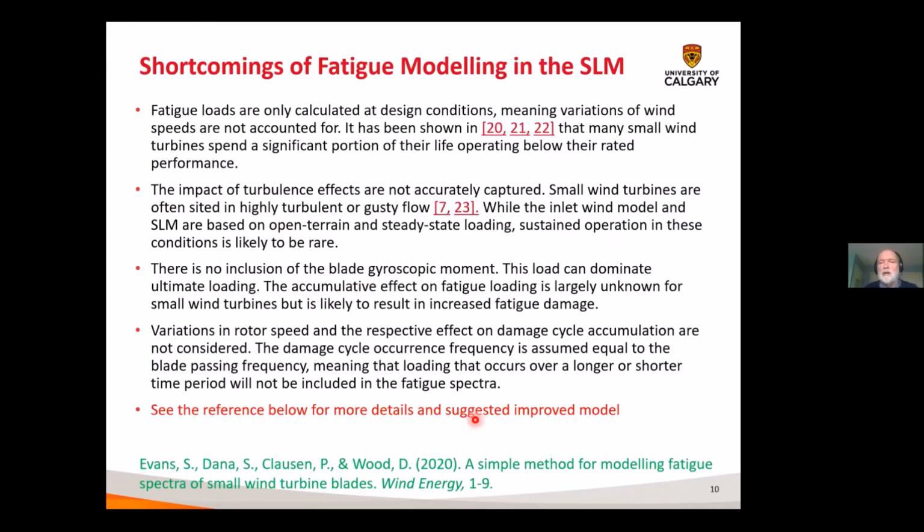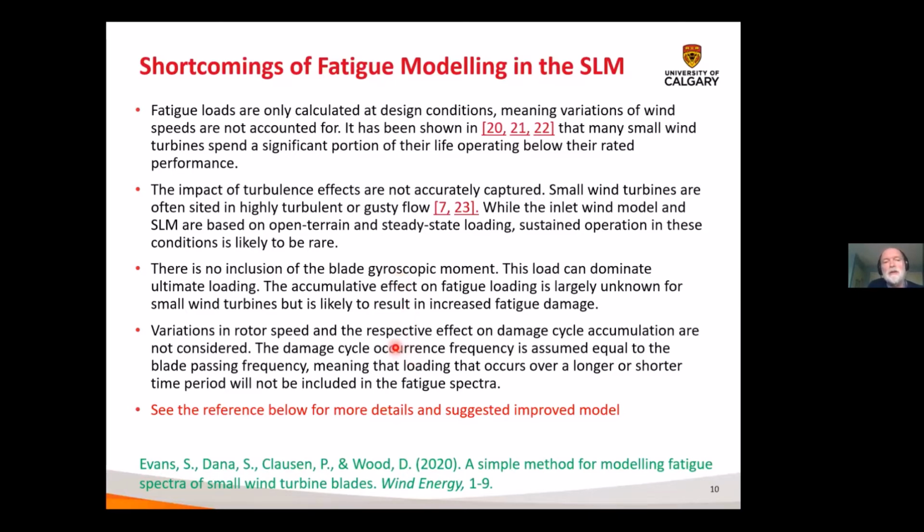I won't read through this list because you can do that as well as I can. But there are a number of issues associated with whether the turbine is operating at design conditions, and what the effects of turbulence are as the wind speed varies. The IEC specifications do not include the gyroscopic contributions to the fatigue loads, which are automatically included when we do the FAST simulation.